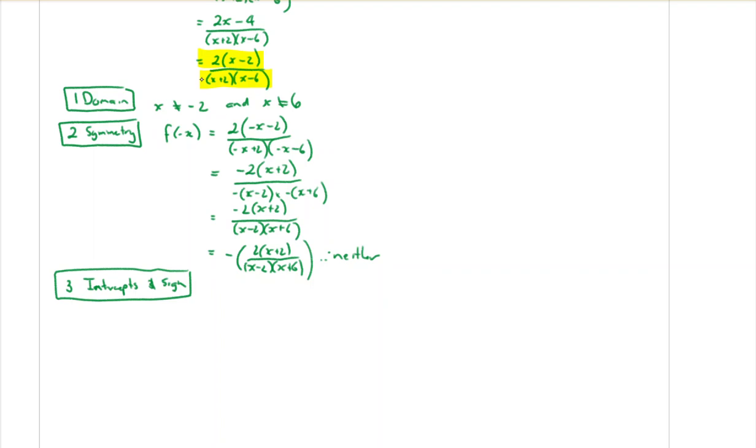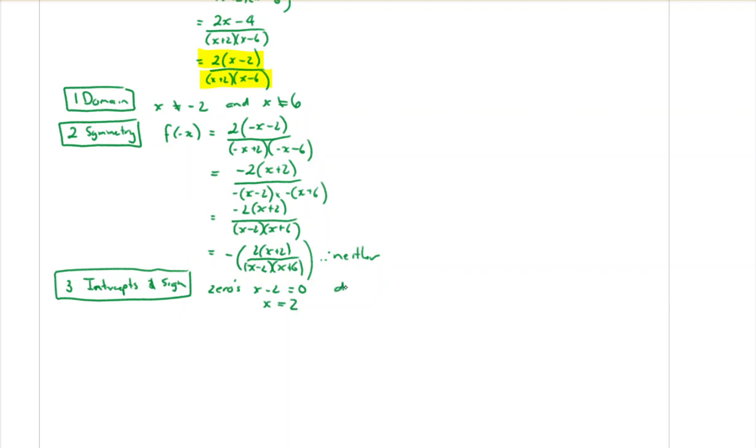The bottom gives me the discontinuous points, but the top gives me the zeros. Where do I have a 0? Whatever makes the numerator 0. You would be making the x minus 2 equal to 0, which means that x is equal to a positive 2. That is going to be my intercept.